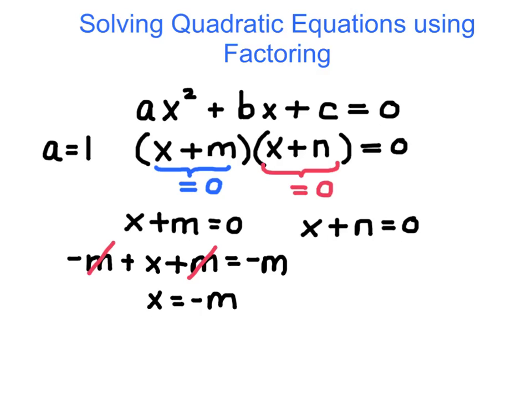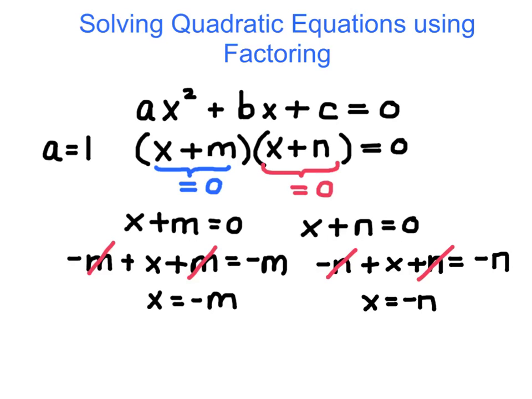When we look at x plus n equal to 0, and we want to solve for x, we're going to add a negative n to both sides of the equation to keep it balanced. A negative n plus a positive n cancel out, and we end up with x equals negative n.